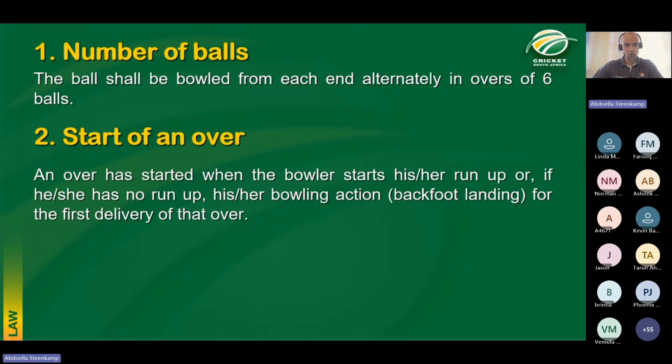The over starts as soon as the bowler begins his or her run-up. Lots of players think it starts when you bowl the first ball. No, it starts when that bowler takes his or her first step. That's when the over starts. And if the bowler doesn't have a run-up, it starts when his or her bowling action starts, i.e. when that back foot lands.